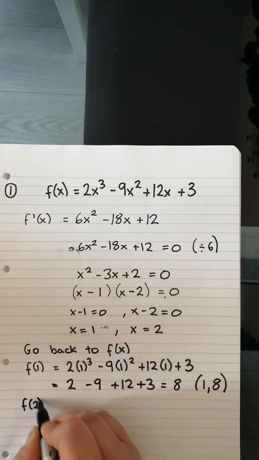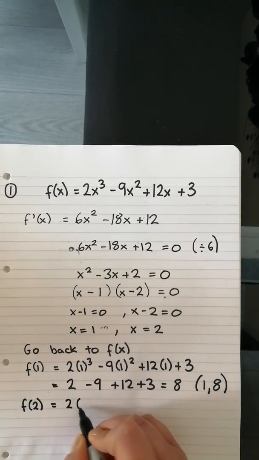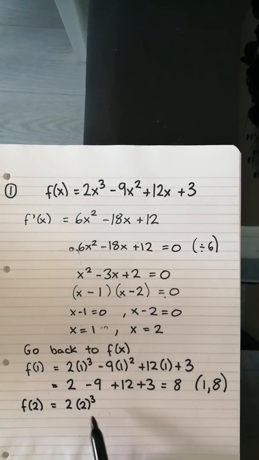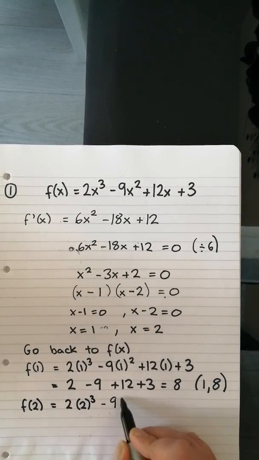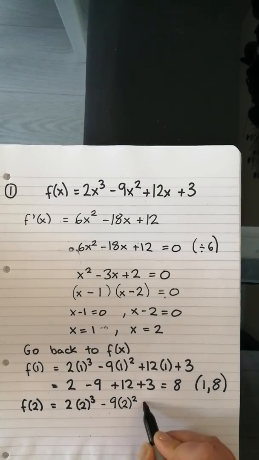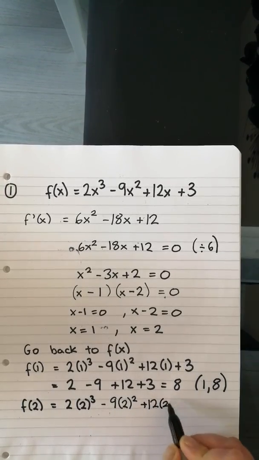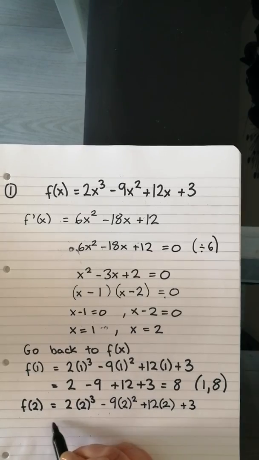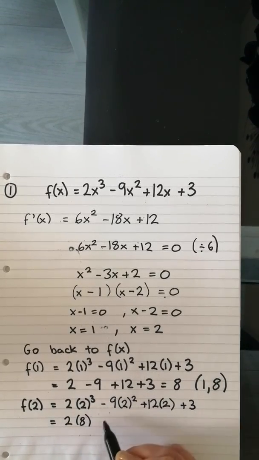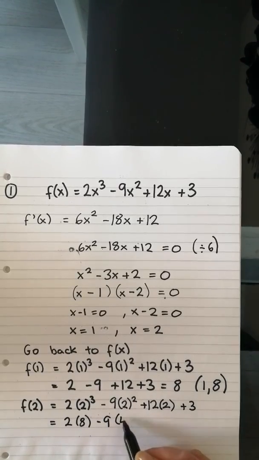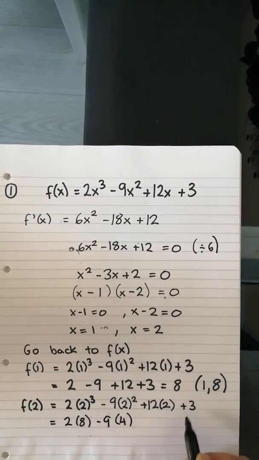Now let's solve for f of 2. It's 2 times 2 cubed, and remember to substitute your number in brackets, minus 9 times 2 squared plus 12 times 2 plus 3. So that's 2 times 2 cubed, which is 8, minus 9 times 4, plus 24 plus 3.